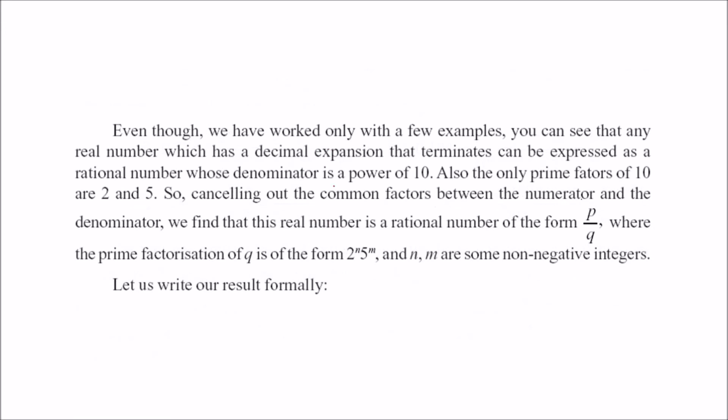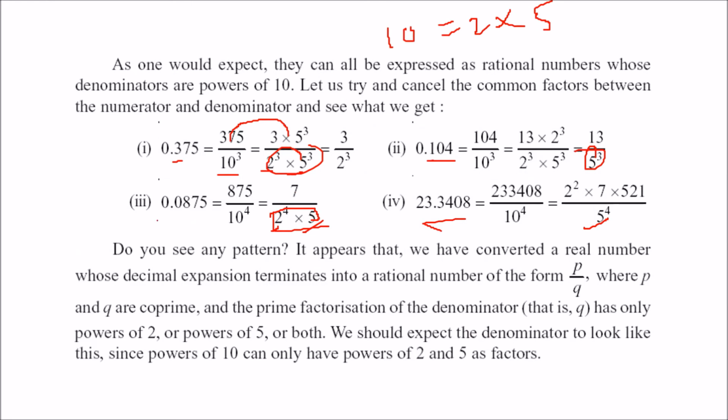Let us backtrack. Because 2 and 5 are primes, the form is 2 to the power n and 5 to the power m. So if in the denominator you have 2 to the power n and 5 to the power m, you can very well say from this discussion that this decimal expansion would be terminating.